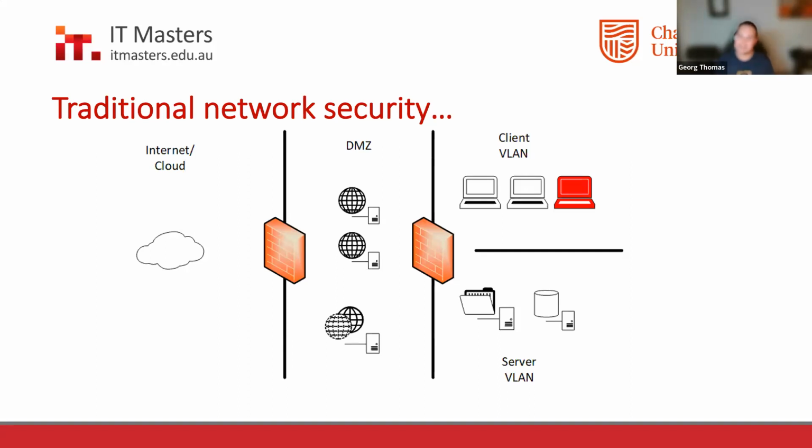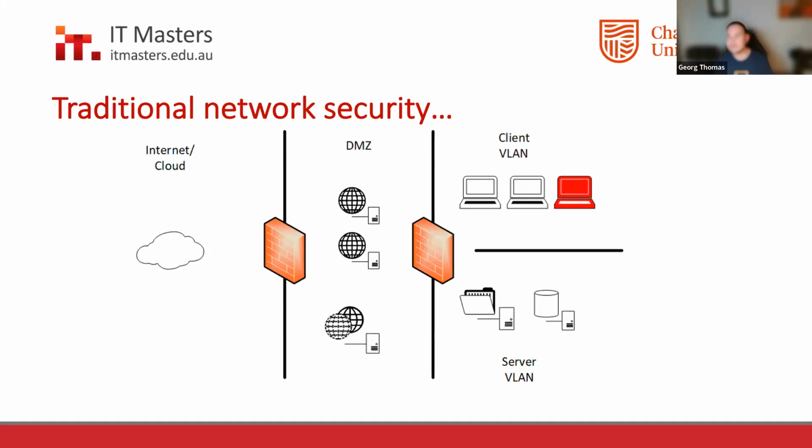But if you look at this, the clear problem here is that because this system is within that zone, it will be trusted by everything else in there. That's how threat actors will move laterally. They'll infect a machine, and then they'll start moving around.